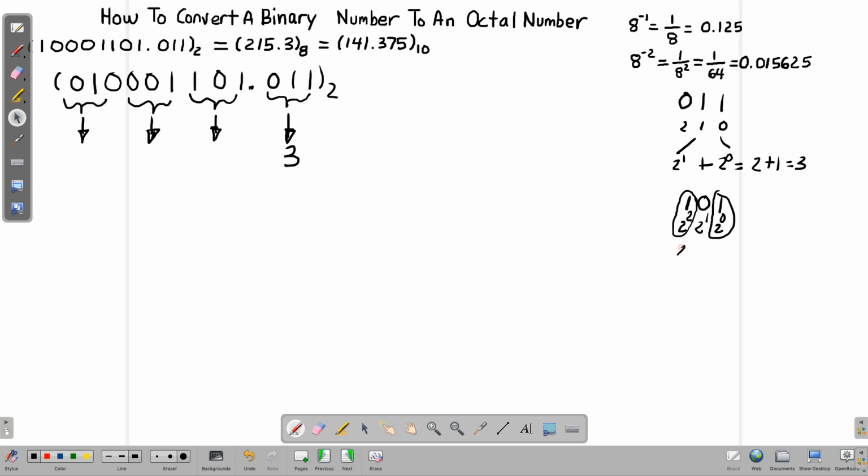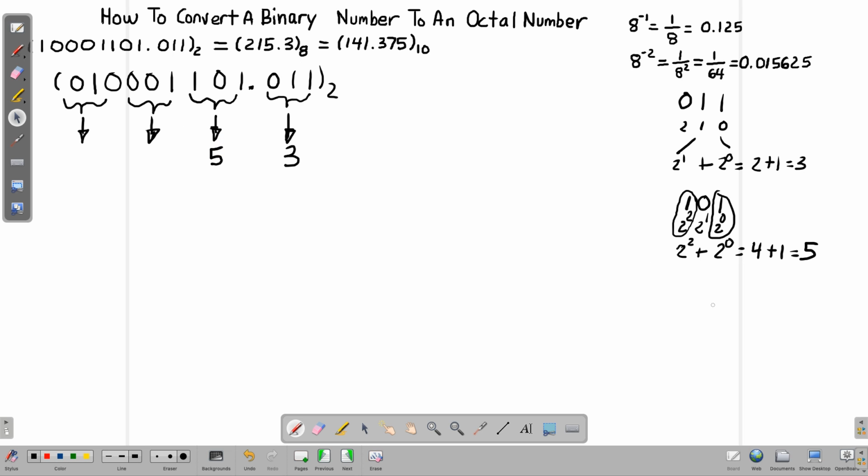So we add up 2 to the second power plus 2 to the 0th power. We get the value 4 plus 1, and that equals 5. So 5 goes here.